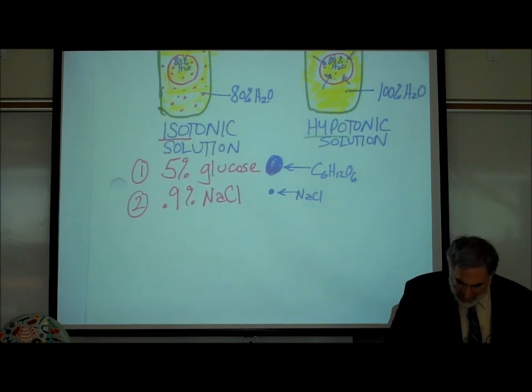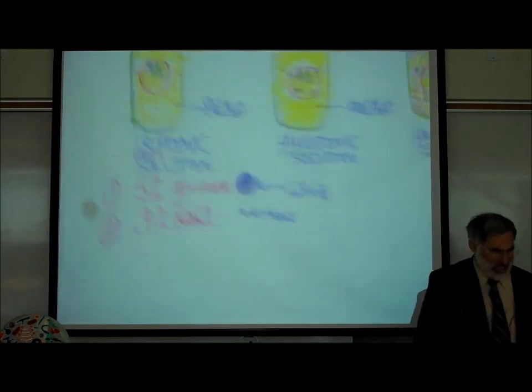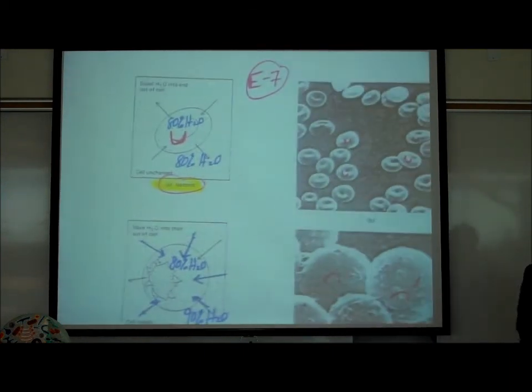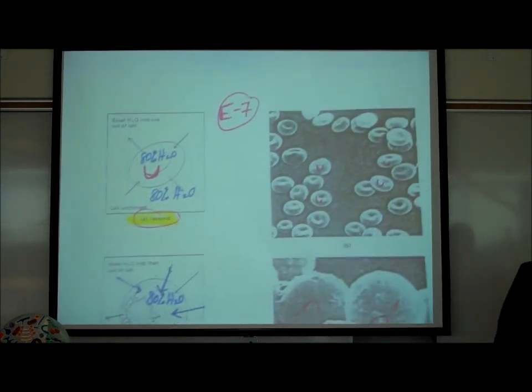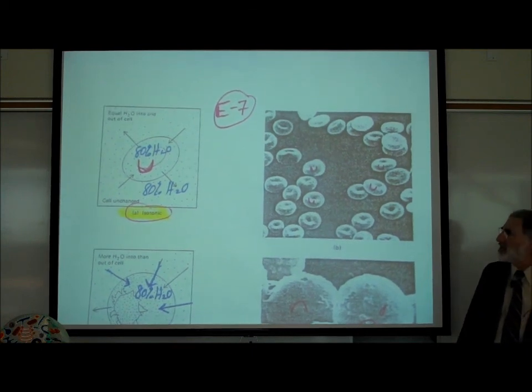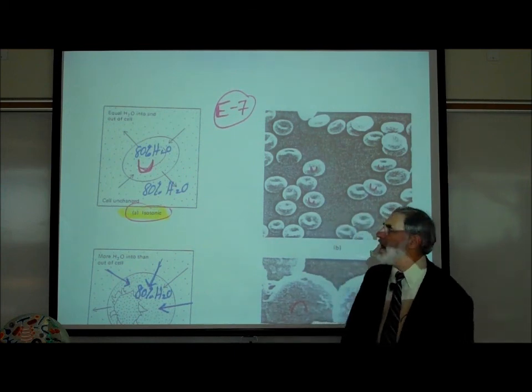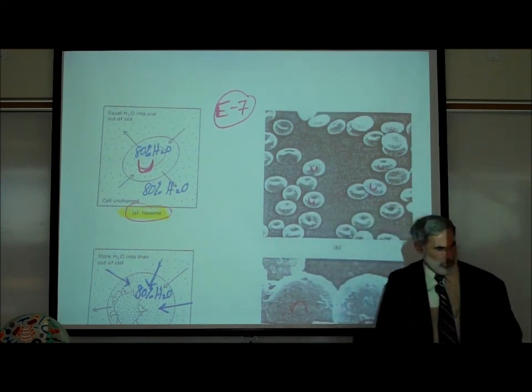Now, in fact, if you were to look at the lab manual on page E7, on E7 are some actual drawings and micro photographs of cells that are actually being exposed to isotonic, hypotonic, and hypertonic solutions.